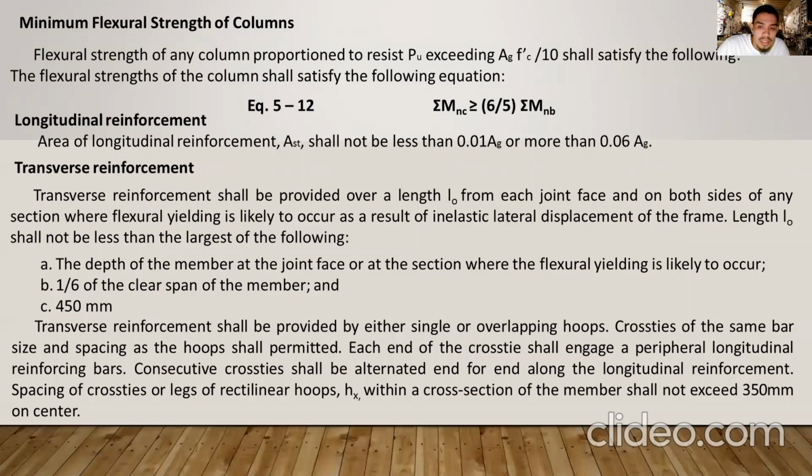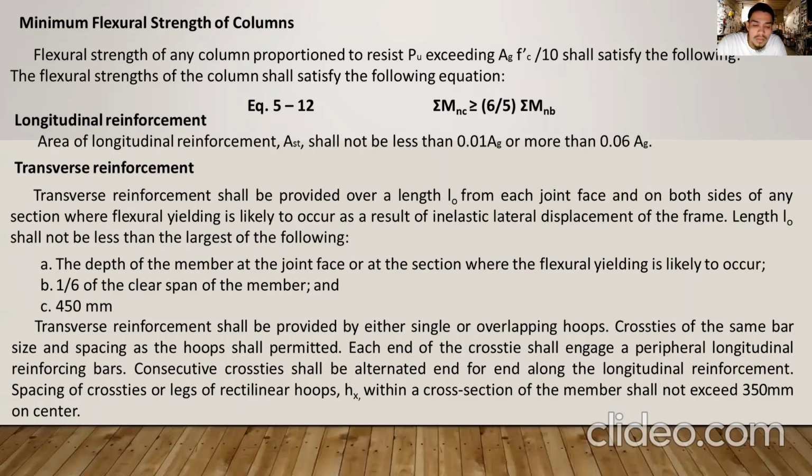merong kailangang sundin din para mas maging maayos and hindi magkaroon ng failure dun sa mismong column. Kailangan mag-provide tayo ng single or overlapping hoops. Tapos kailangan din na yung crossties may same bar siya, may same spacing siya as the hoops na permitted din sa ginagawa.